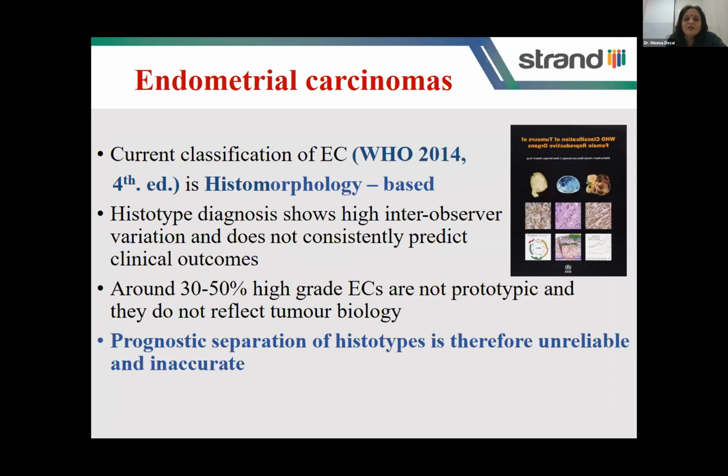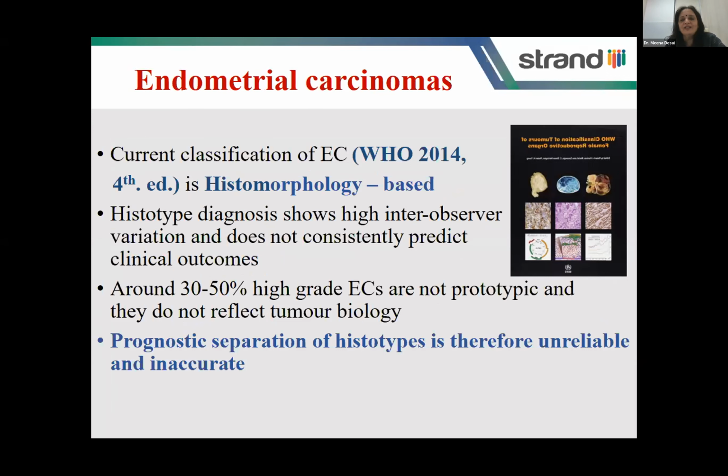Now, coming to pathology, as a pathologist, we are routinely practicing the 2014 fourth edition WHO histomorphology-based classification. The histotype diagnosis has a very high inter-observer variation. I'm sure as oncologists you are aware that a pathologist diagnoses X over here and Y somewhere else.